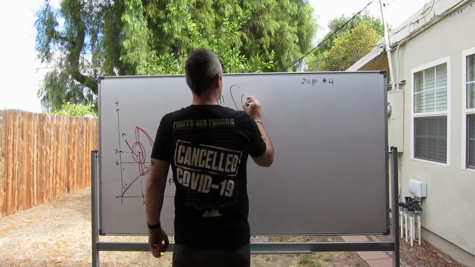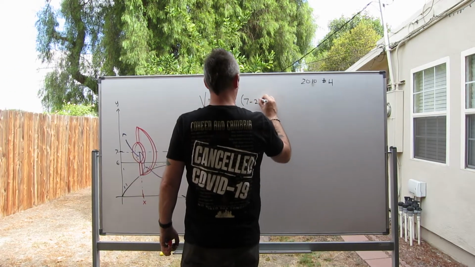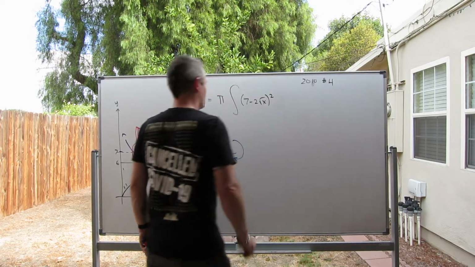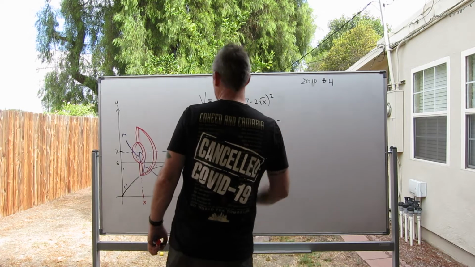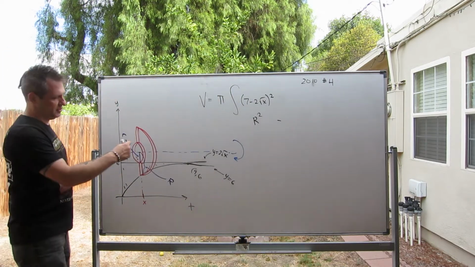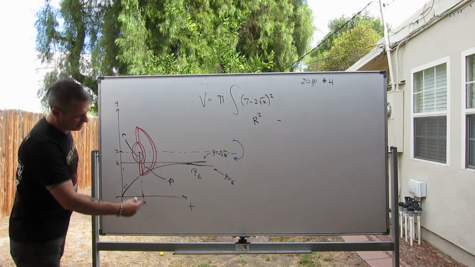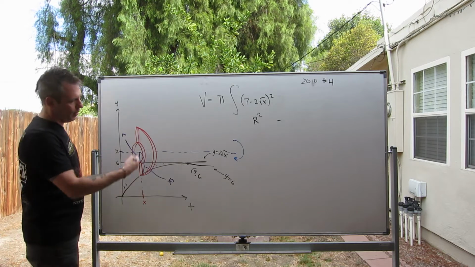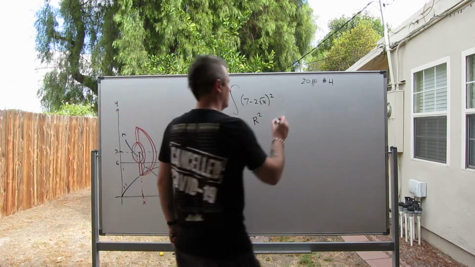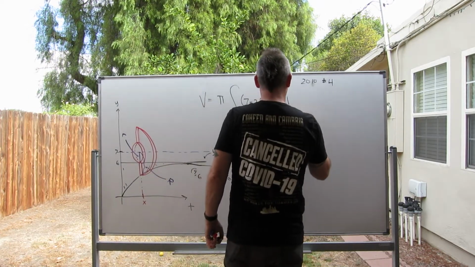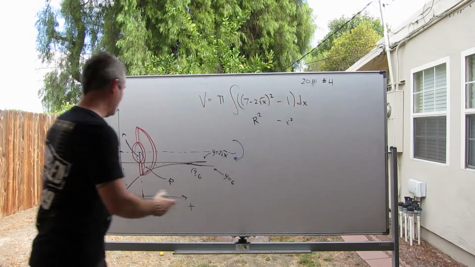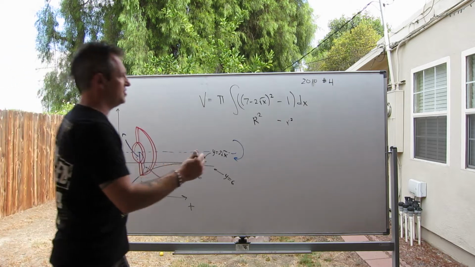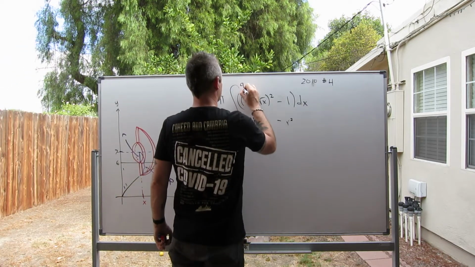So it's 7 minus 2 root x squared, that's our R squared, minus our little r squared. 7 minus 6 is always 1, in fact, so I'm just going to put minus 1, and this is dx, where x ranges from 0 to 9.